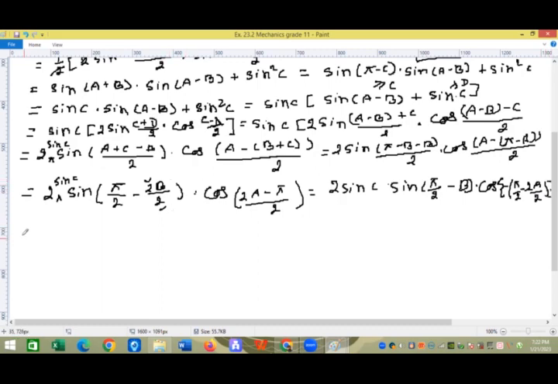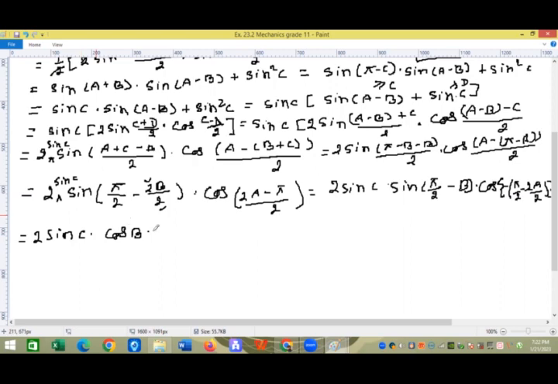And let's move ahead. So we have 2 sine C, and you know that sine pi by 2 minus B is like sine 90 minus theta. From the cast rule, sine 90 minus theta is cos theta, so in place of theta it is B, so it's going to be cos B. Then for the other angle, cos of pi by 2 minus theta is sine theta, which I have discussed earlier.